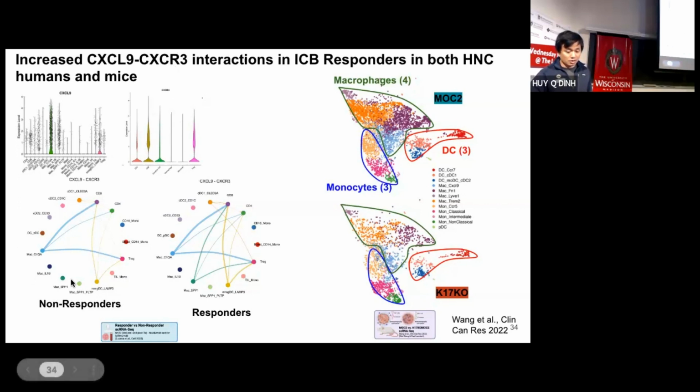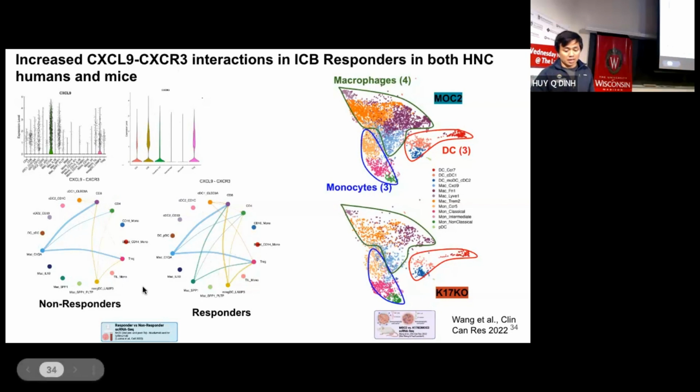And you can see this is a non-responder. They have interaction, but not as much as in the responder. Each of the lines here and their thickness represent how strongly they are interacting, measured by the co-expression of the ligand in one cell type and the receptor in another cell type.